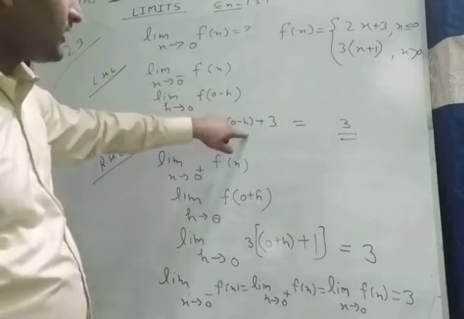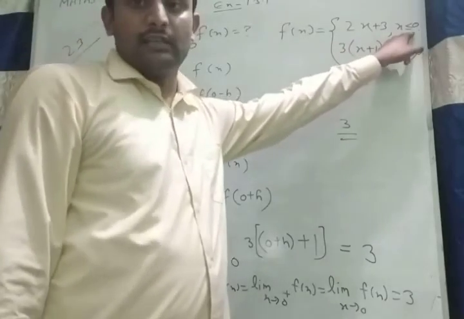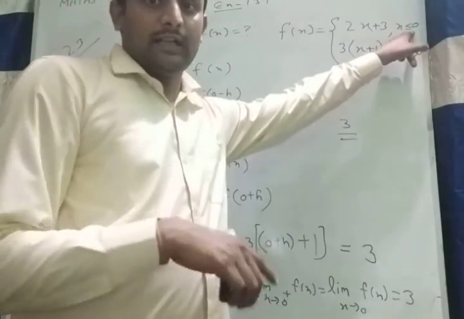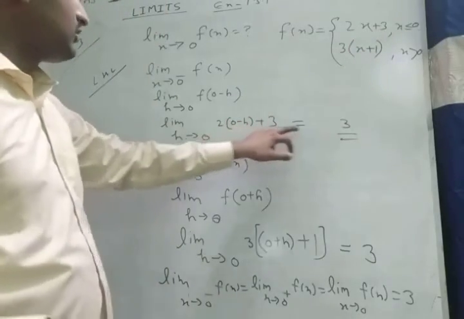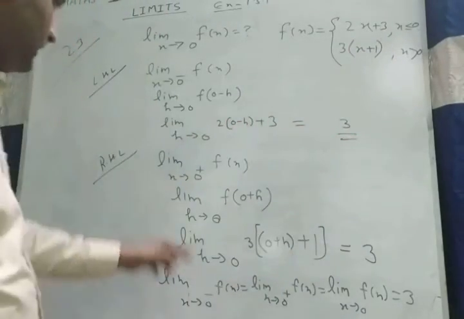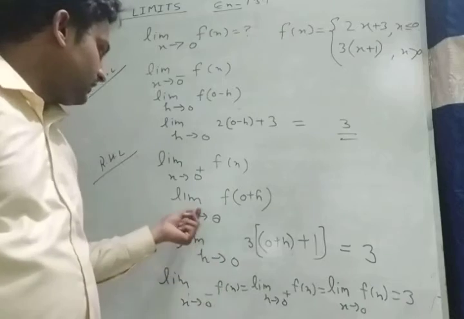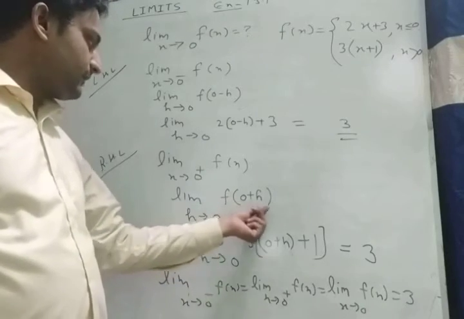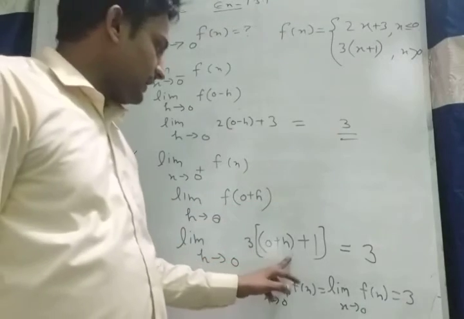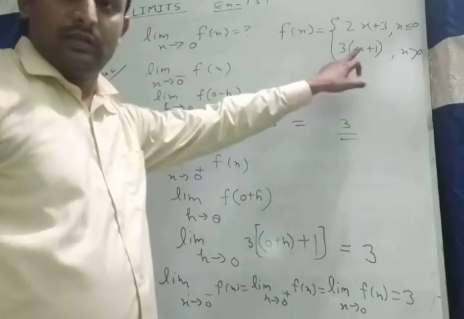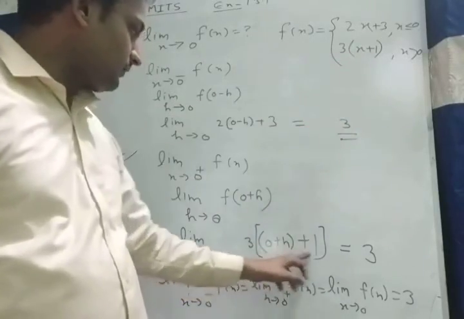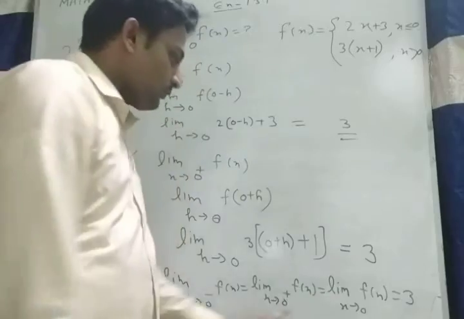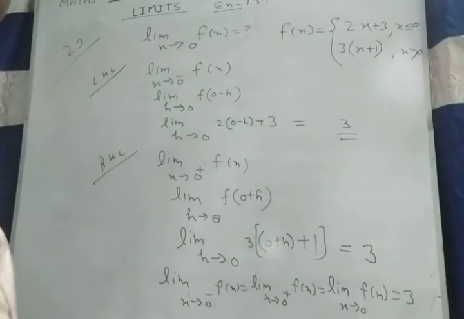We will put 0 minus h. Here is x and this is less than, so it is left hand. So we write 0 minus h, so we get 3. And limit x tend to 0 plus f(x), limit h tend to 0 f(0 plus h). Taking right hand limit, so x will be replaced by 0 plus h plus 1. This is 3. So both are equal, so the limit will be 3.